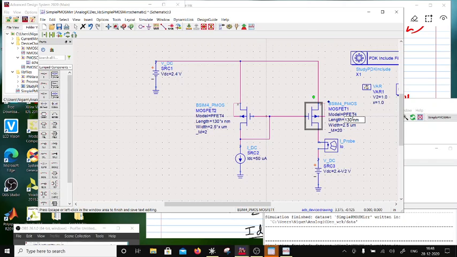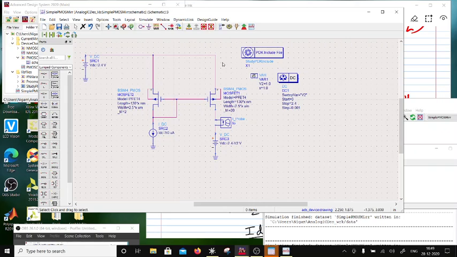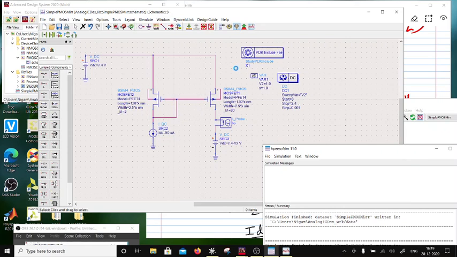So basically what I'm doing is keeping the size the same, X and X, and then I'm going to tune on X.